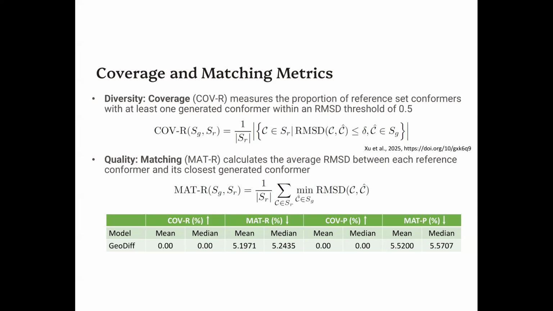And in the green table, you have the results that we got until now. The matching values are still very high, although we don't have any comparison, because as far as I know, there are no porphyrin data sets which were used in this kind of application.